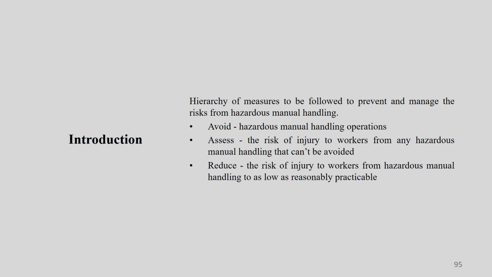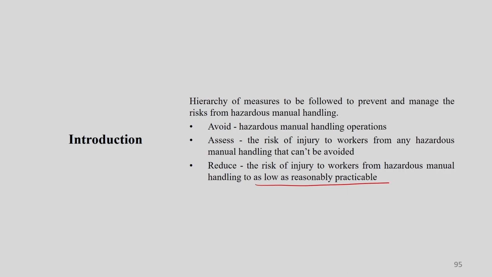And third is reduce. You are going to reduce the risk of injury to workers from hazardous manual handling to as low as reasonably practicable. Here this is very important. You will reduce it as much as possible, but you cannot compromise the productivity, which is the major goal of any ergonomics intervention.